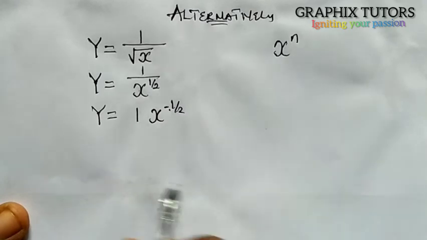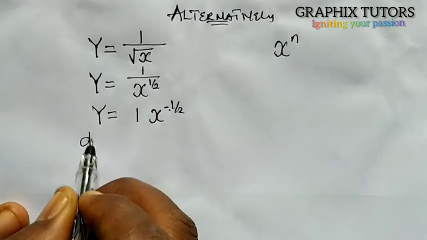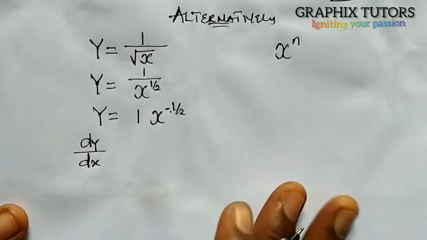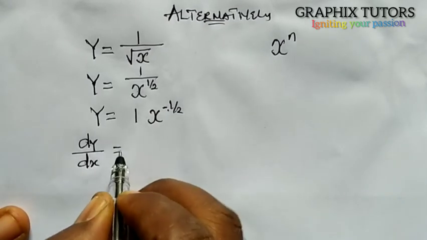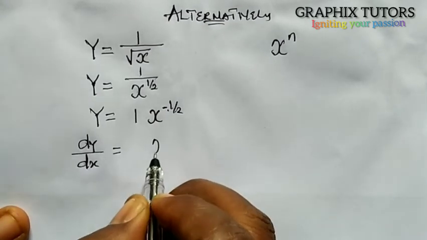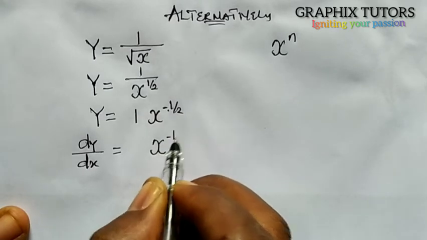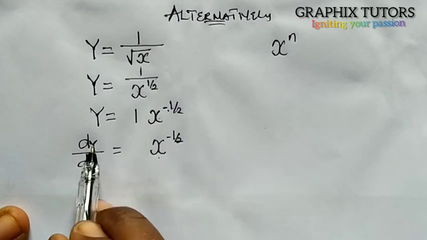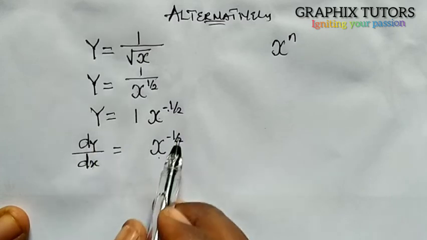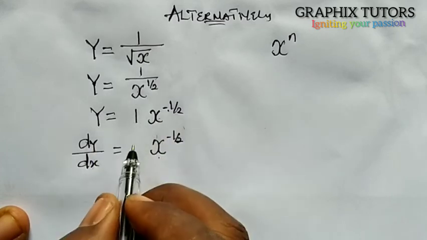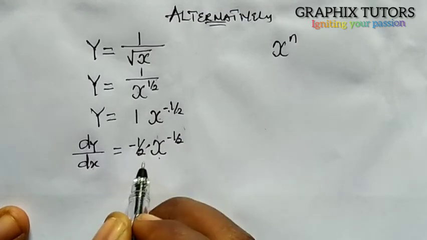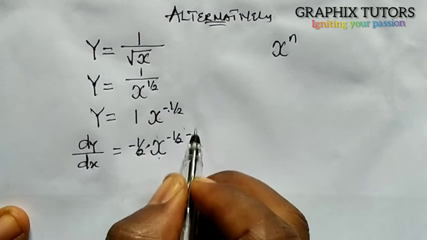So I can now easily say that my dy over dx, which is something as saying delta y over delta x, is equal to what? Now I'll write this out back: x to the power minus 1 over 2. 1 times this will also give me this, right? Because I've written my dy over dx, everything up here will come down, so I will have minus 1 all over 2 times, including the negative sign, then I'll now subtract 1 from the power.